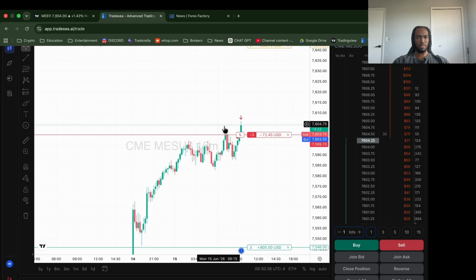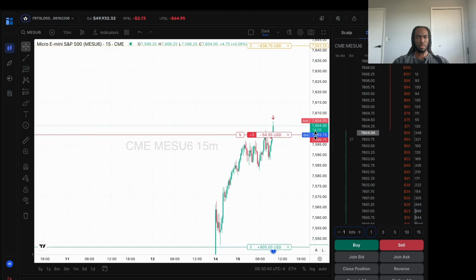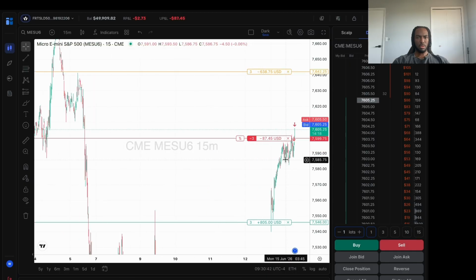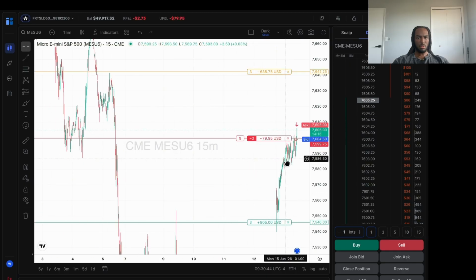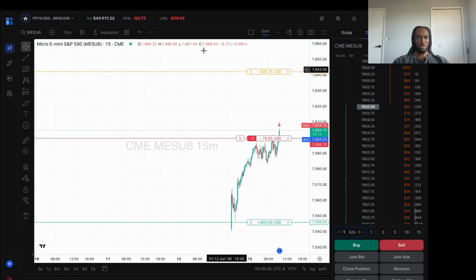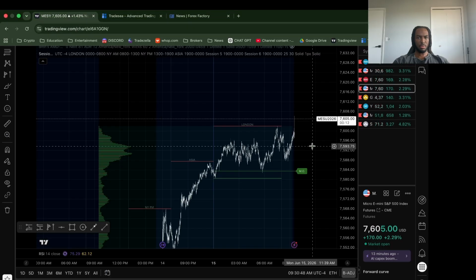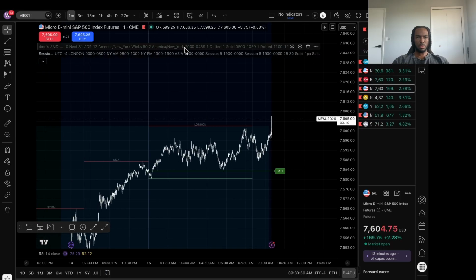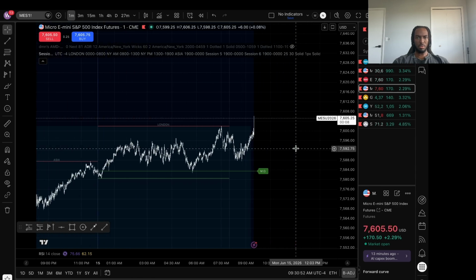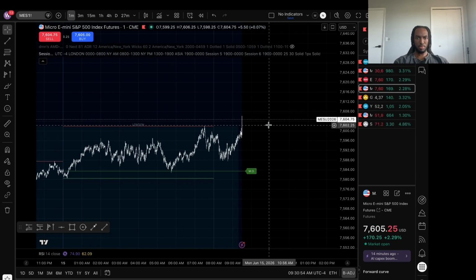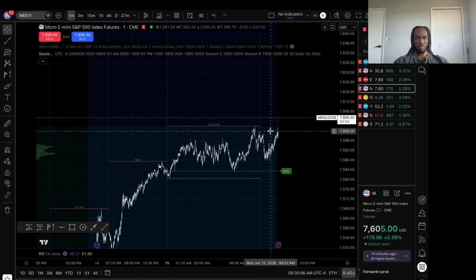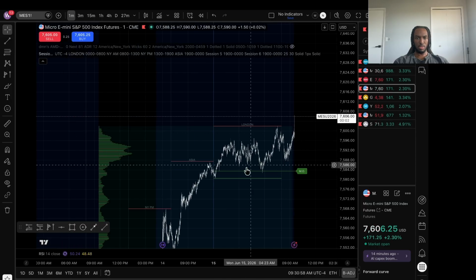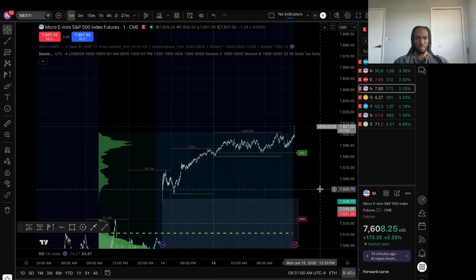Shooting up. Okay. Not liking that first candle, but gotta go up to go down, right? Ugh.